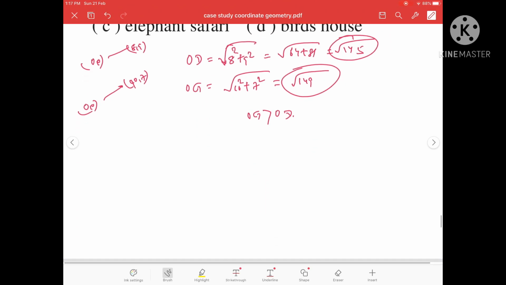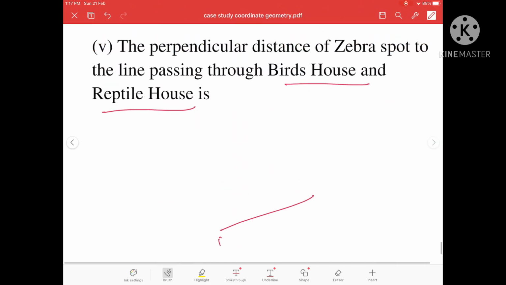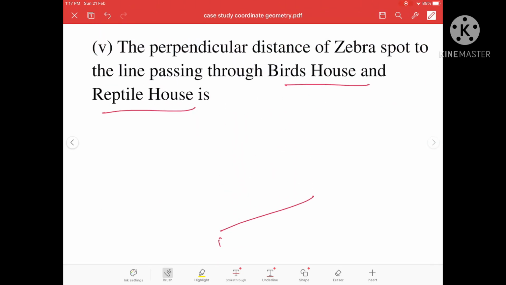That means the line between bird's house and reptile house is 3x plus 4y minus 39 equals to 0, and zebra spot is at the point 1 comma 2. We need to find this distance. We know the distance formula is modulus of ax1 plus by1 plus c divided by square root of a square plus b square.